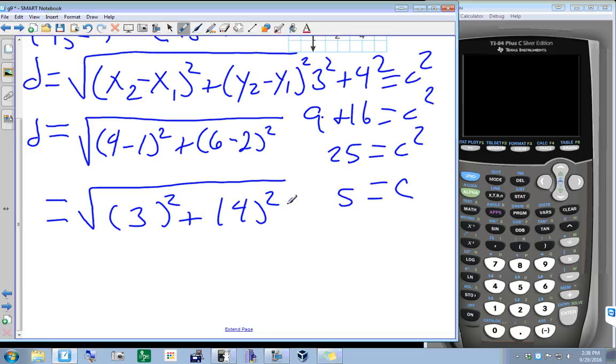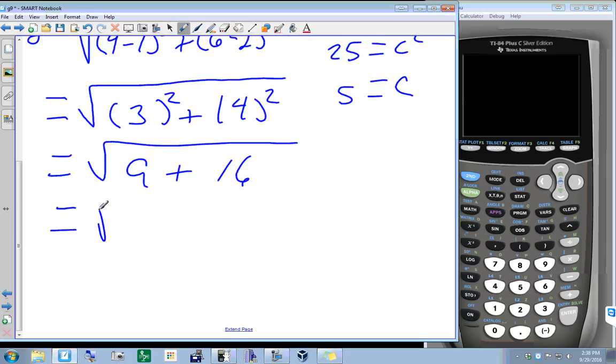Everybody says, oh, I can do this in my head. I don't even want to do it in my head. I can't. What's 3 squared? 9. What's 4 squared? Square root of 25, which is 5.